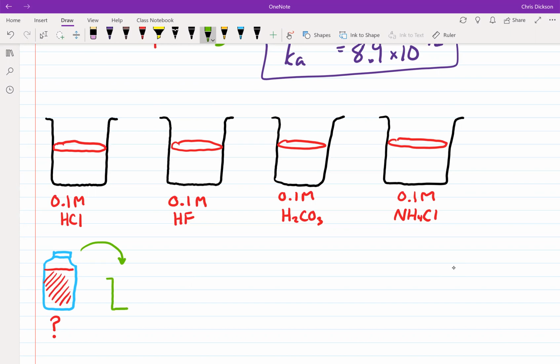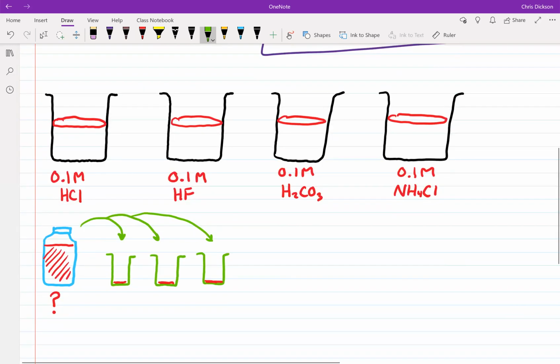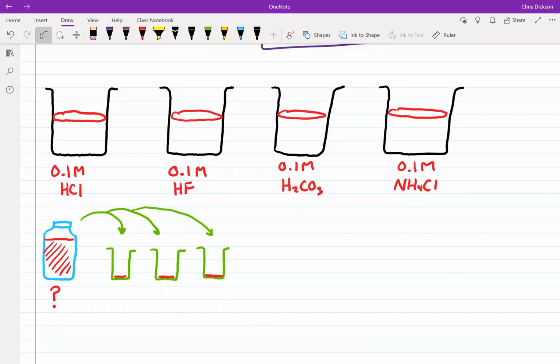So you take a sample and you test it. So you run a little test. Maybe you use multiple samples here. So you just put a little bit in the bottom. Okay, so you do 3 samples. And what you're trying to determine is which chemical it is here. And so in beaker A, beaker B, and beaker C, you use 3 different indicators to sort of narrow down what it could be here. So in beaker A, we're going to use methyl violet.